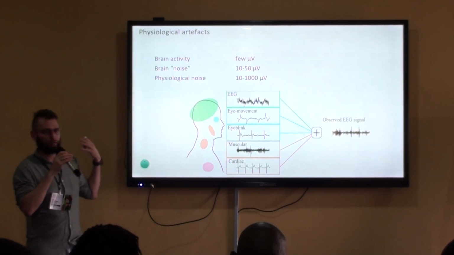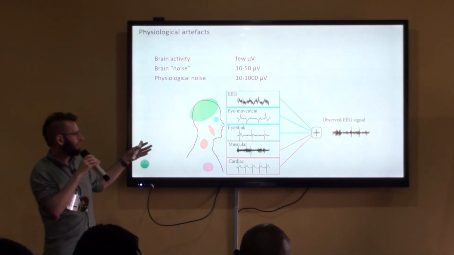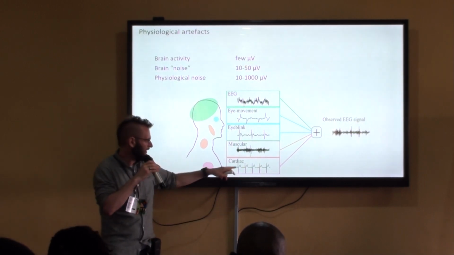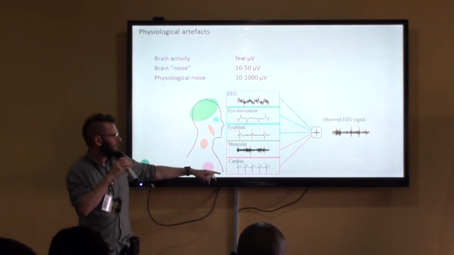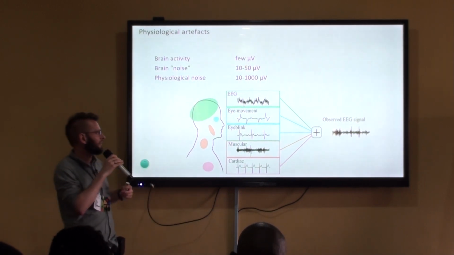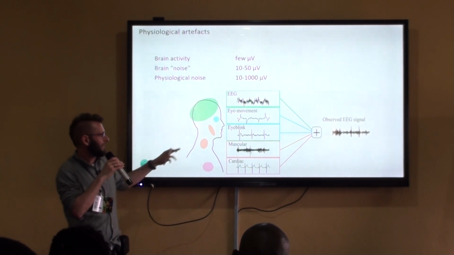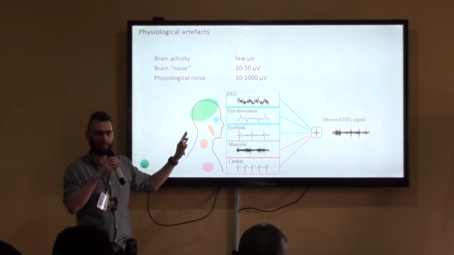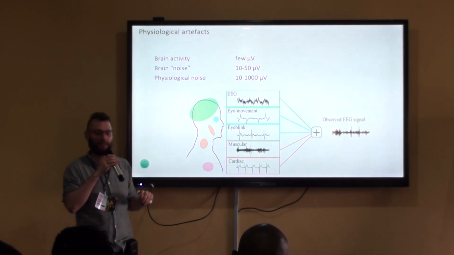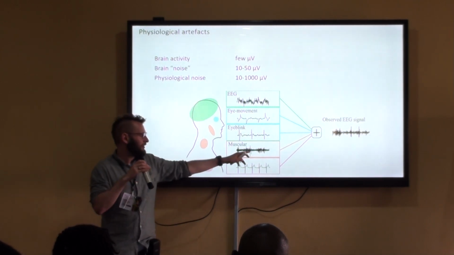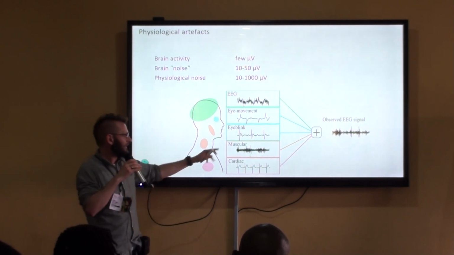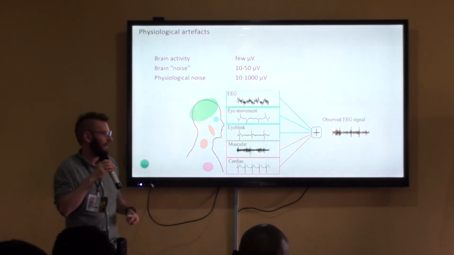And when we then look at the physiological noise, for example eye movements, eye blinks, muscular artifacts or cardiac artifacts, these have very typical patterns. Blinks are very clear, and when we start to look at the data, you're never in doubt of when a blink is occurring. Muscle activity is also very easy to spot. It's this very high-frequency, noisy pattern.